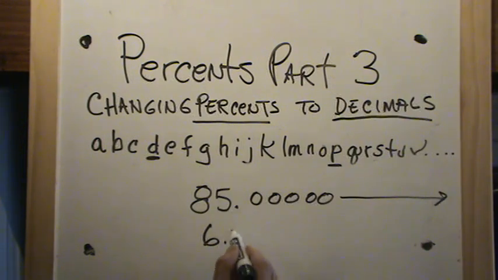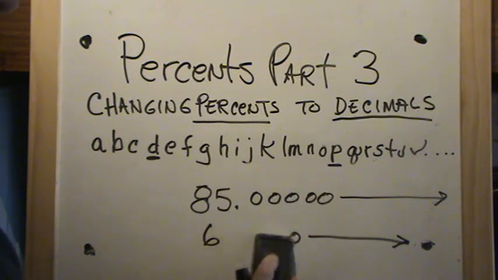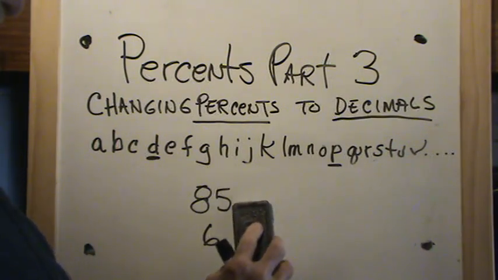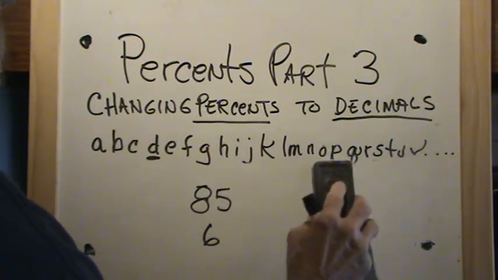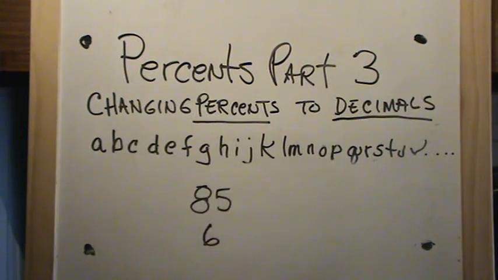So 85 is really 85 and then an infinite number of zeros, and the whole number 6 is really 6 and an infinite number of zeros. But since they're whole numbers, we understand this, so we never write the decimal point. But there is one there. We just don't write it because it's a whole number.